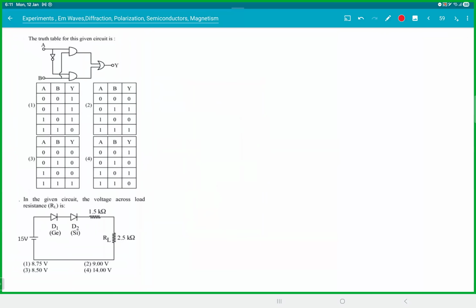Okay. Two questions. Which of the following explains the truth table? And what is the voltage across the load resistance RL?